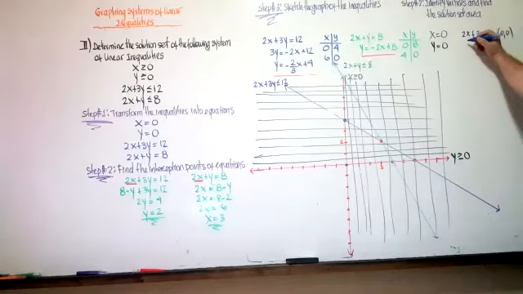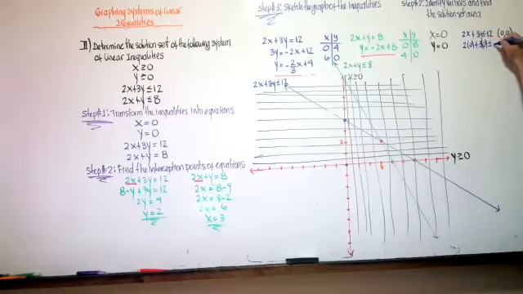So if we replace, 2 times 0 plus 3 times 0 less than or equal to 12, is that true? 0 less than 12? Yes, it's true.